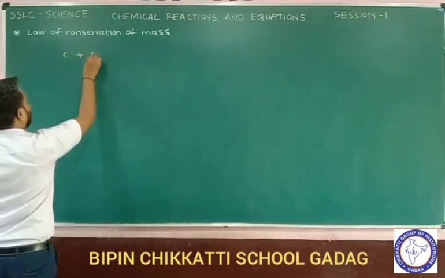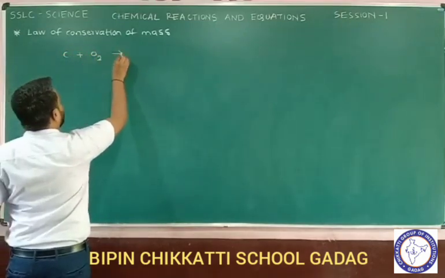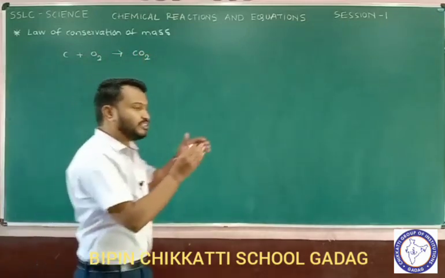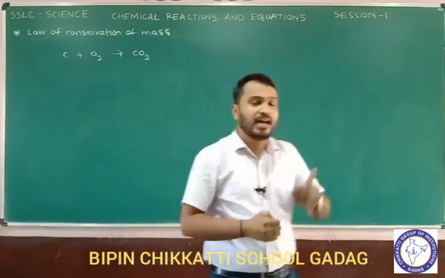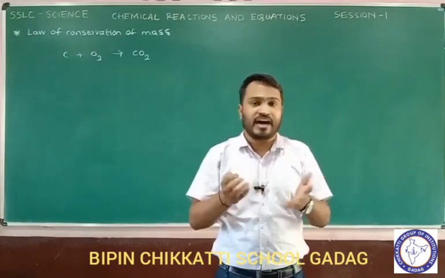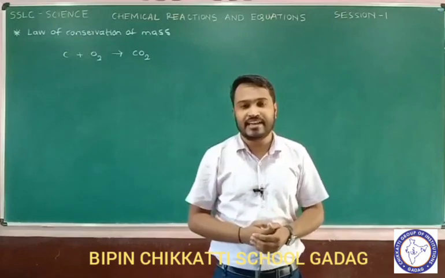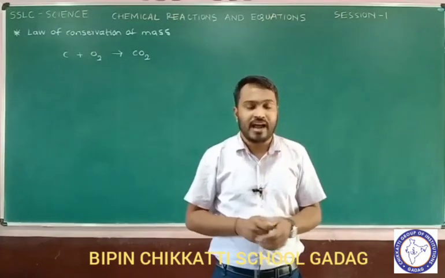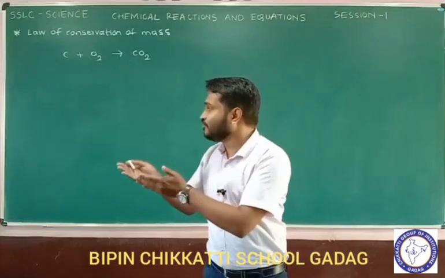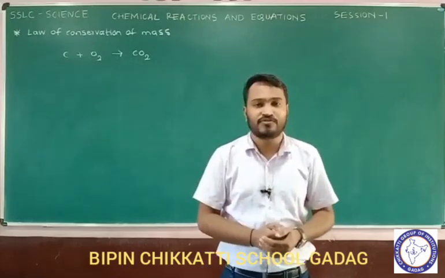I will consider one chemical equation caused by a chemical change, the formation of carbon dioxide. Carbon reacts with oxygen, or burning of carbon, and we are going to get a gas, we call it carbon dioxide. And here we'll calculate the mass of the reactants and the mass of the product.